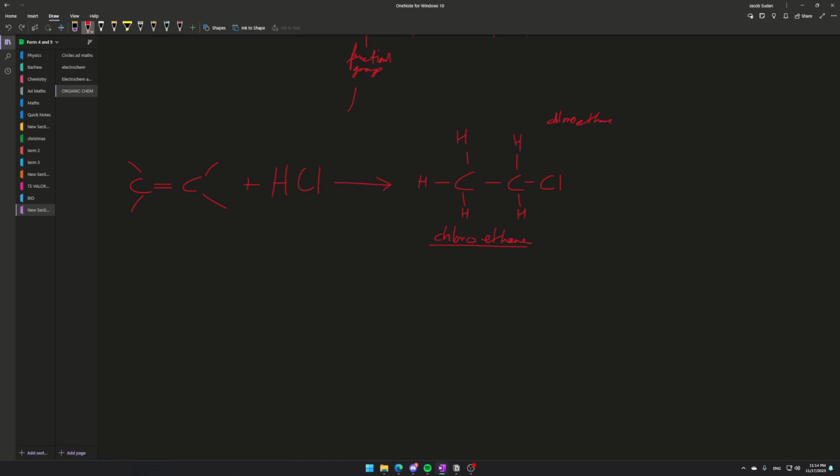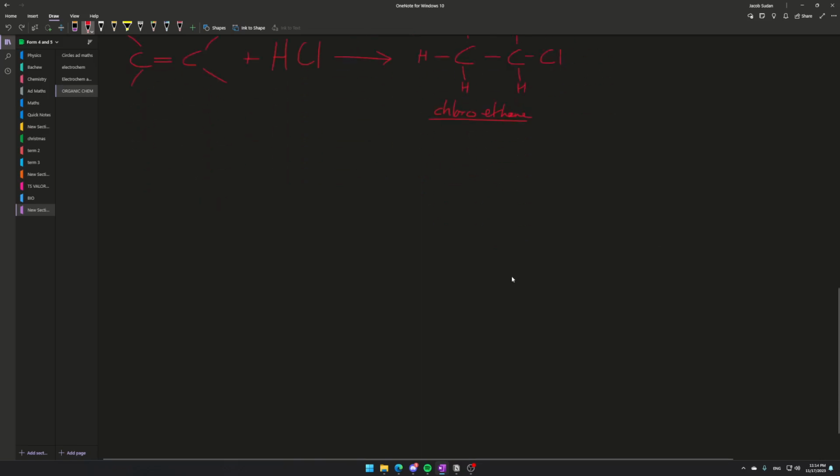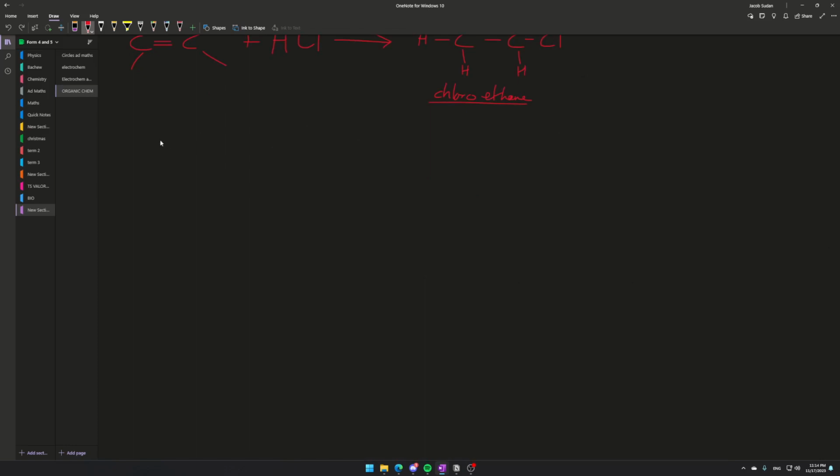Pretty straightforward. So we'll go over the combustion of alkenes first. Okay? Let's say we had this reaction. CH4 plus 2O2 gives us CO2 plus 2H2O. Okay, this is an example of complete combustion.